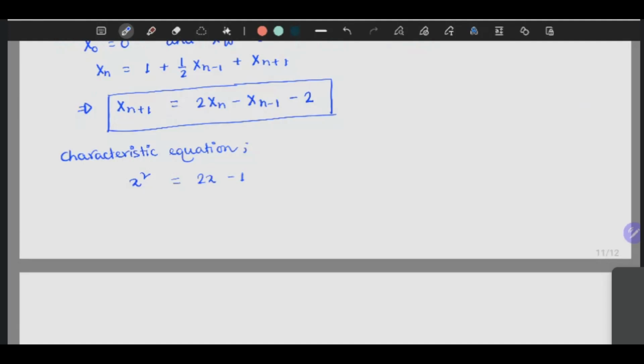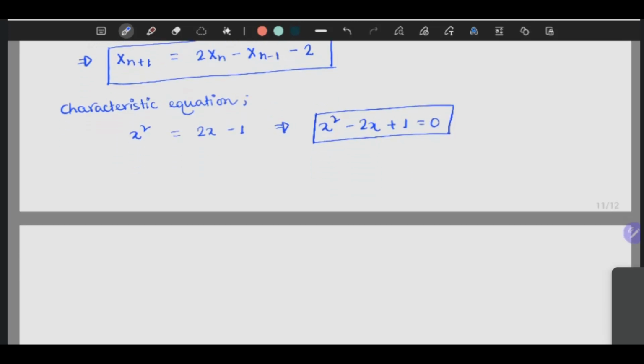So from here you can write x squared minus 2x plus 1 equal to 0. Basically we are getting the same characteristic equation, and from here we will get the same root, so xn will be a plus bn.